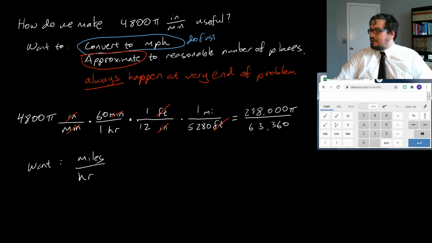And now, most of you have calculators, or you can access calculators like the one I'm using now through Desmos online that can do this whole division at once, including the approximation for pi. So we get 288,000 times pi divided by 63,360.